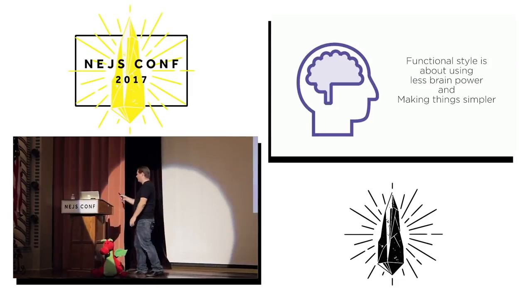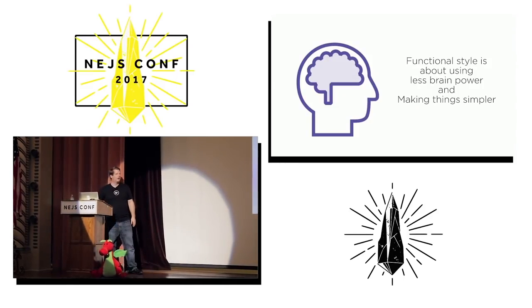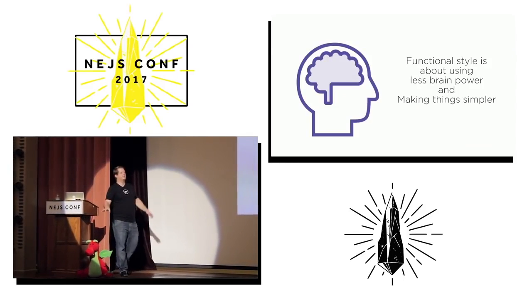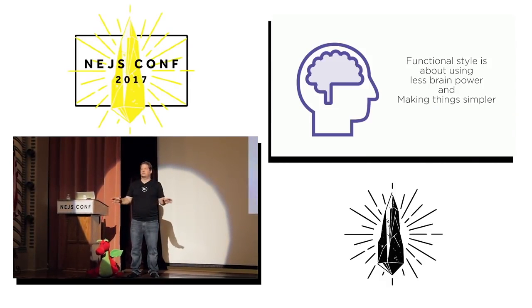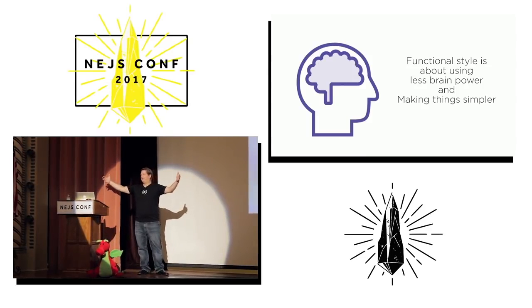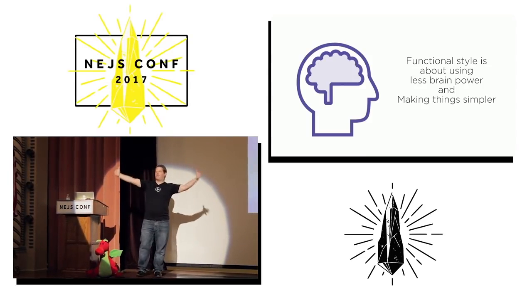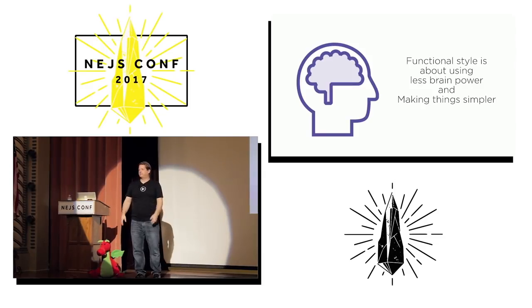All right, here's what I want to leave you with, because I'm right at time. When you start writing functional style, don't take a React app and say, I need to convert this entire application to the functional style.